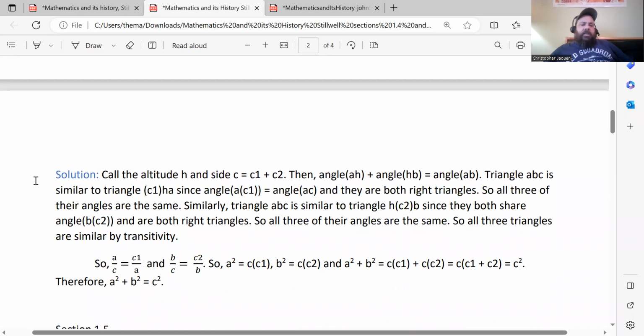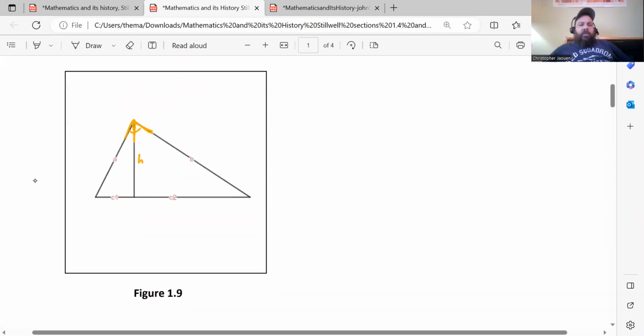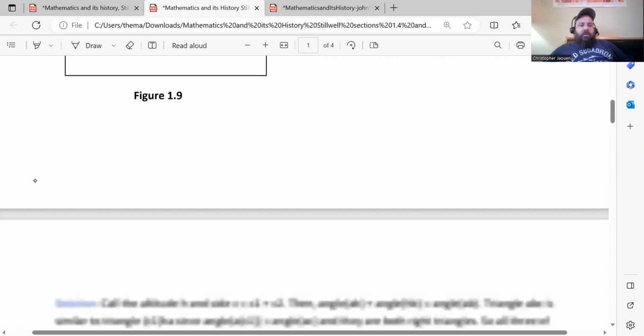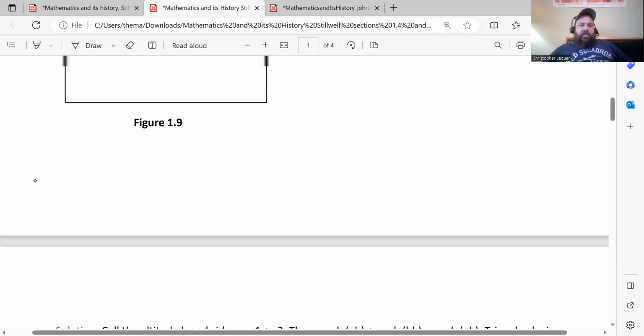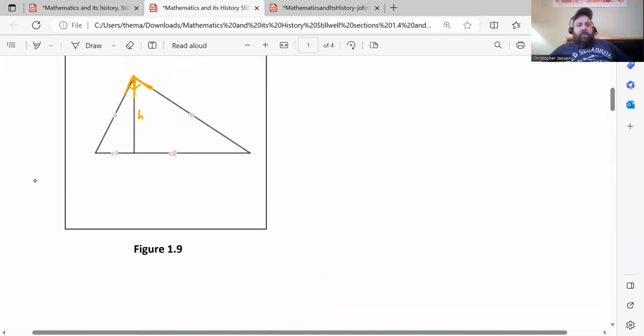Triangle ABC is similar to triangle C1HA, since angle AC1 equals angle AC. So, in other words, they're sharing an angle here. So triangle ABC is the big one, right? ABC is the big triangle.